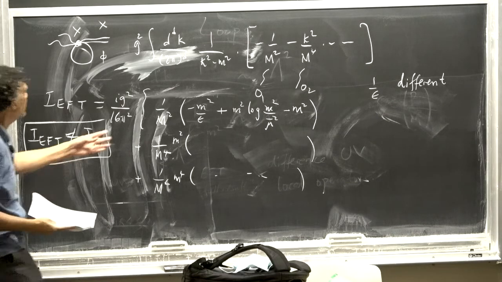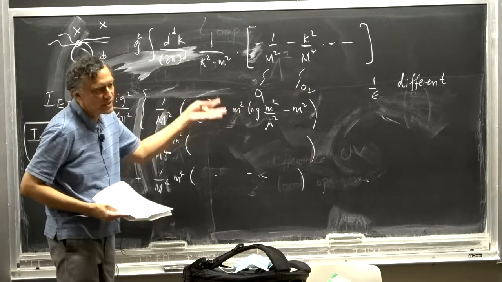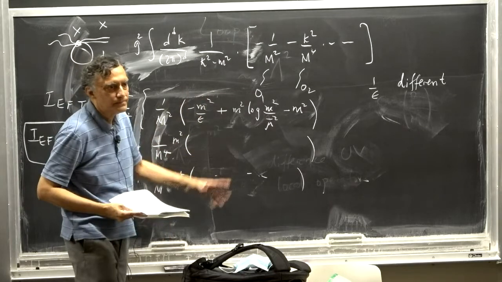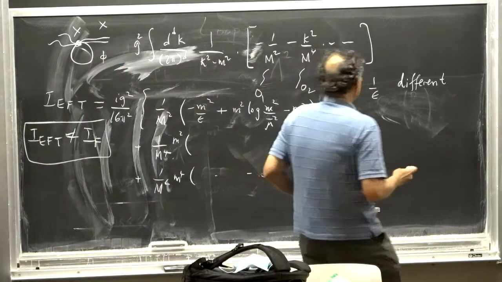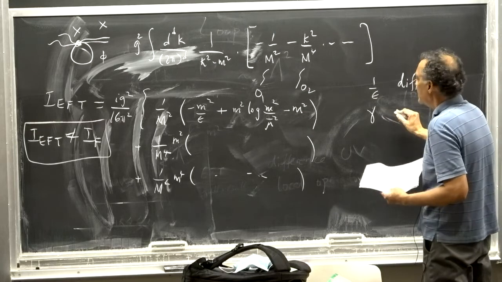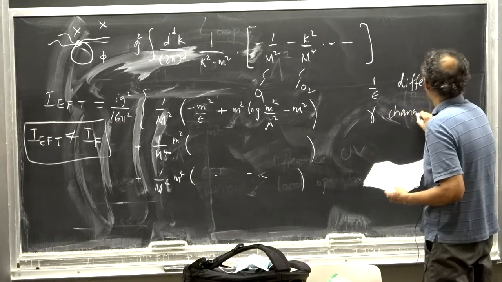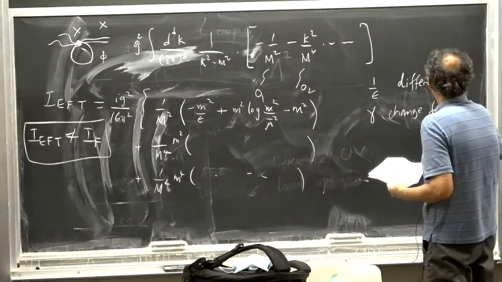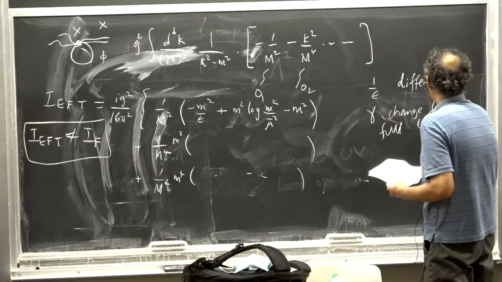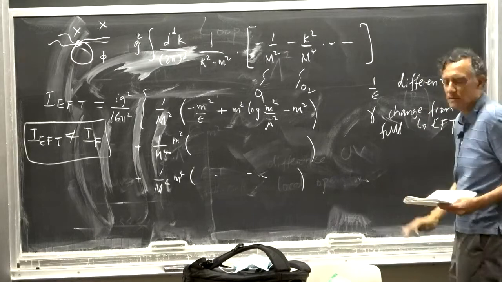Here, you have the series of little m squareds over big M squareds. You can sum them up, but it doesn't add up to 1. It adds up to something else. So the EFT and the full theory have different anomalous dimensions.